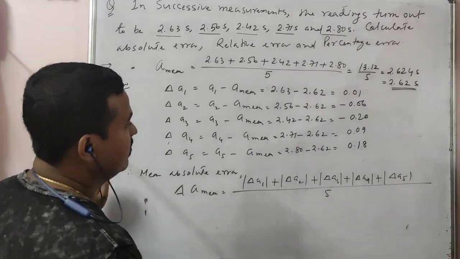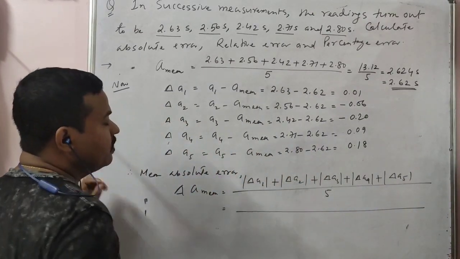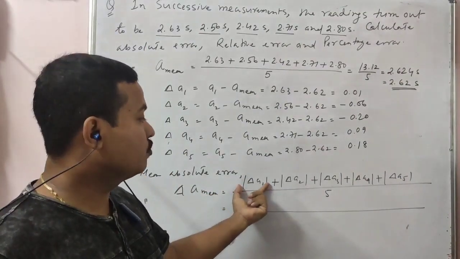So here you have to put the values. Here you see this, it means modulus, magnitude. Okay, magnitude means what?